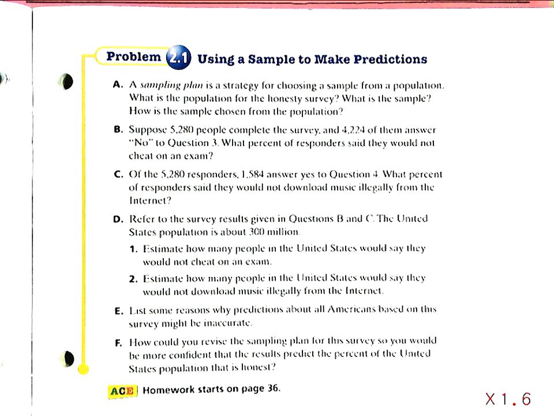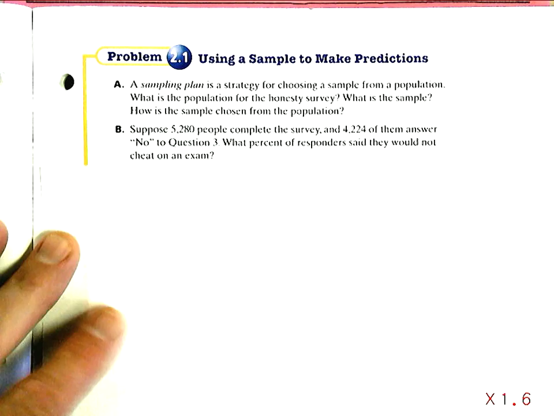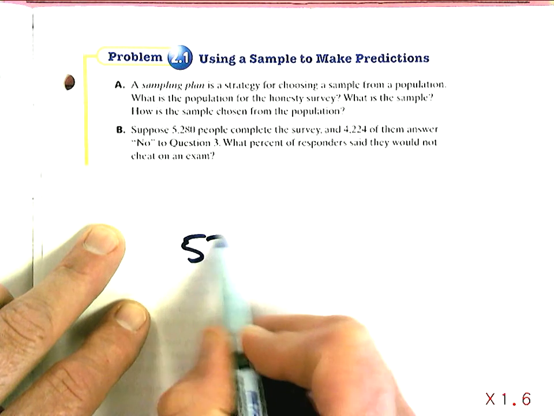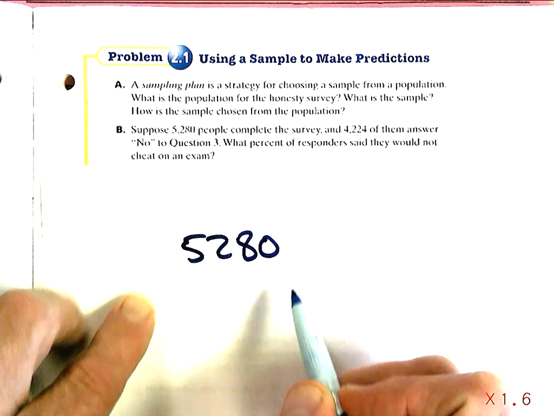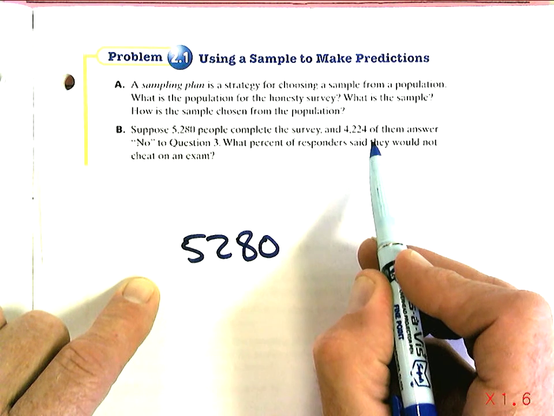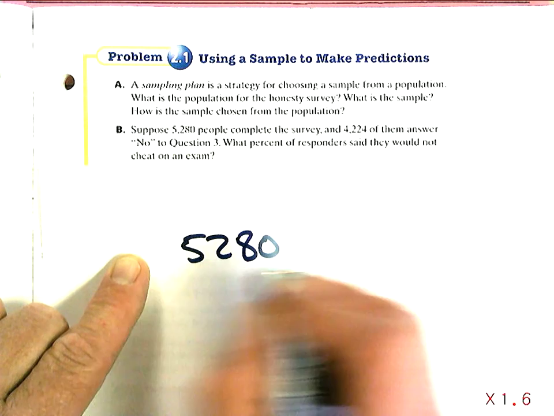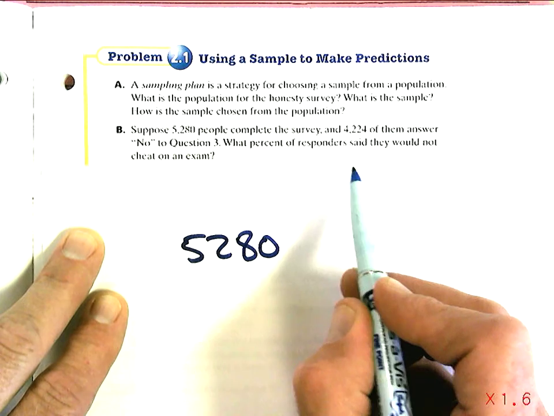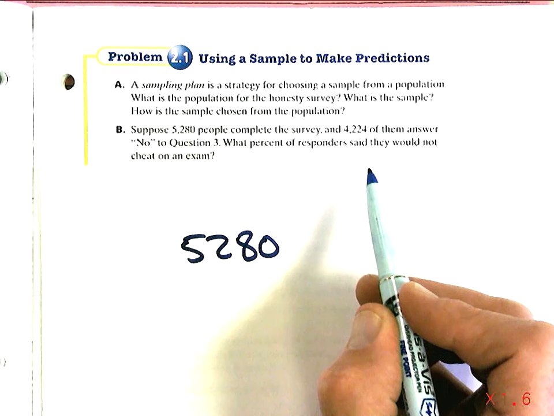Suppose that we have 5,280 people in the survey that actually complete it. And we want to just do some basic mathematical calculations. So we have 5,280 people that complete the survey. 4,224 answer no. So what percent of the responders would say that they would not?